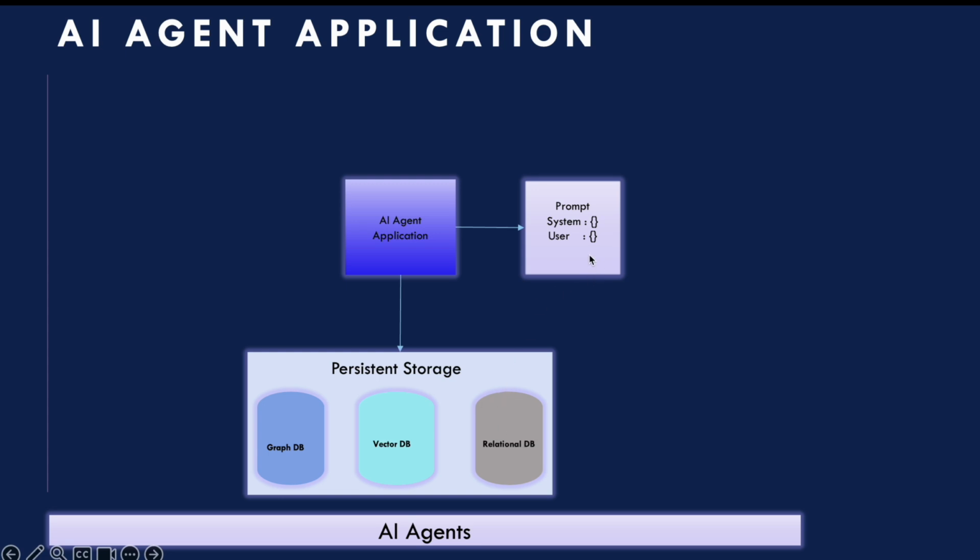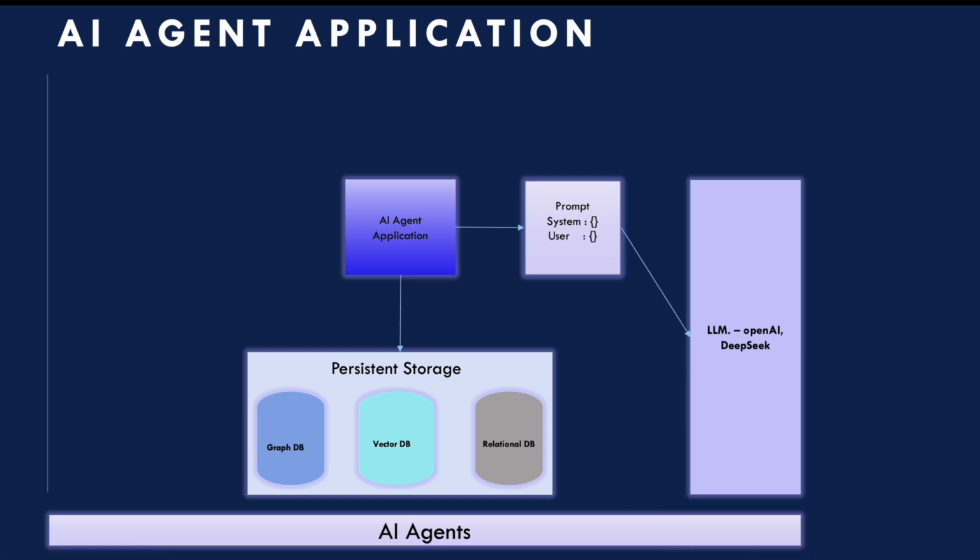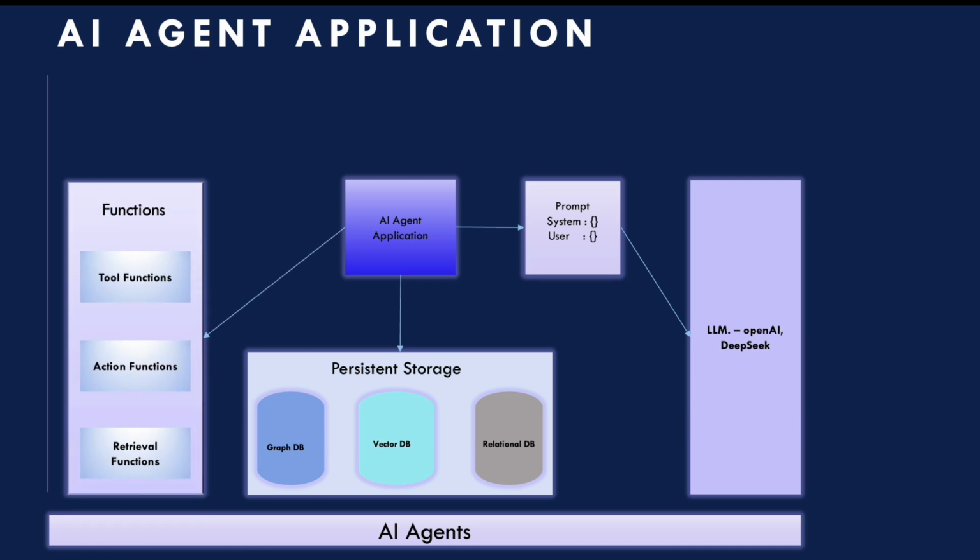To use the LLMs, we have to provide system prompts or user prompts along with the data retrieved from the relational database, vector DB or graph DB. So we create a prompt with a system prompt and a user prompt, and that is fed to OpenAI, DeepSeek, or any other large language model, and we get the augmented data.